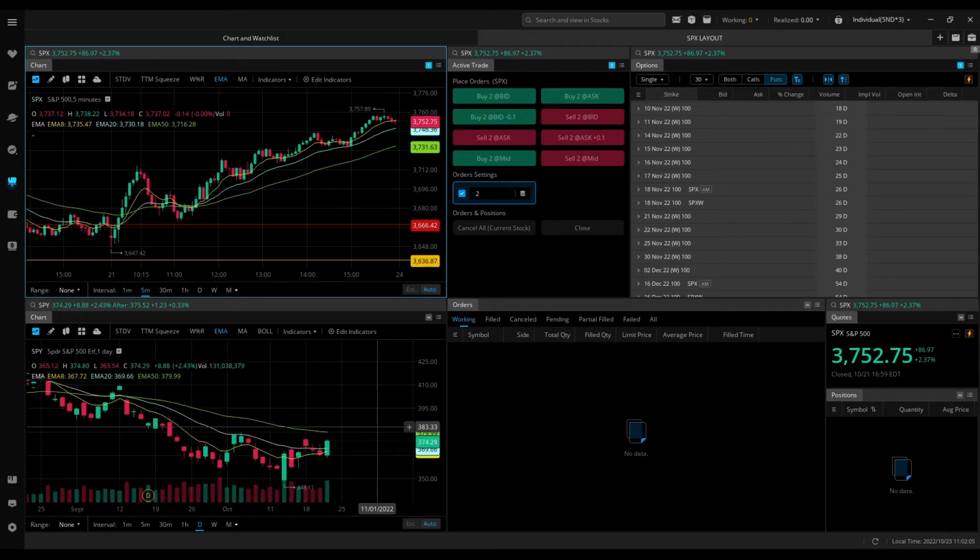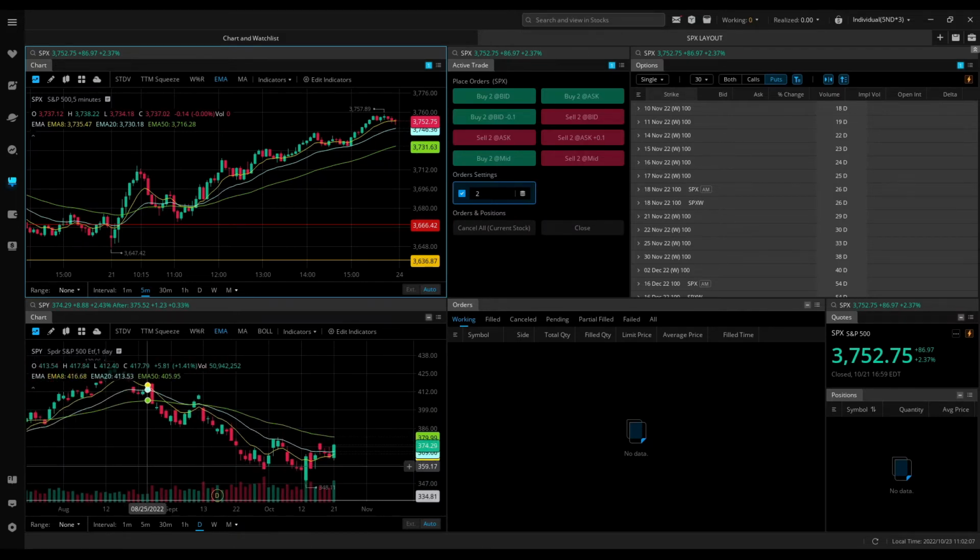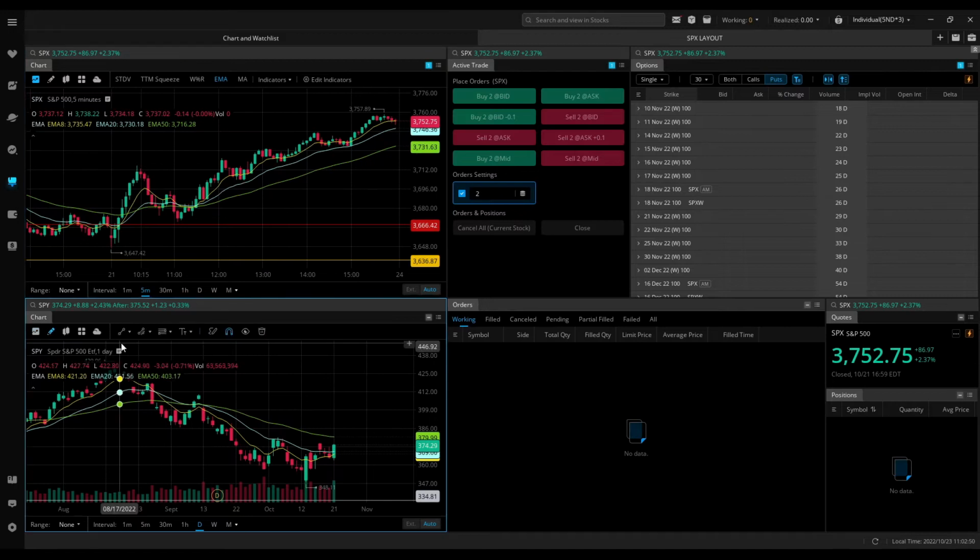As you could see here, this is a daily chart of SPY. And you could clearly see the price points where it found resistance and it found support. So if I were to plot support levels on the daily chart, this is how I'm going to do it. This would be one level of support.